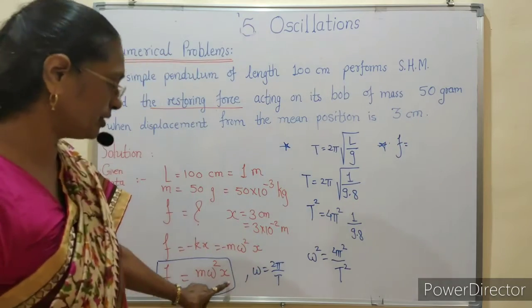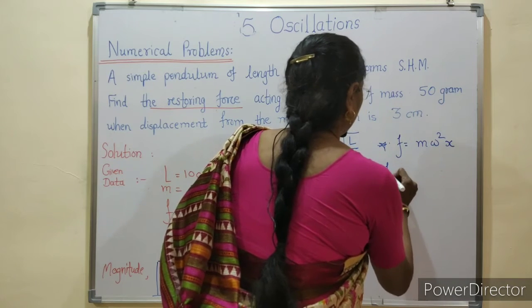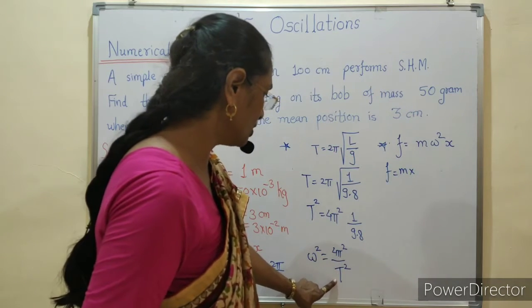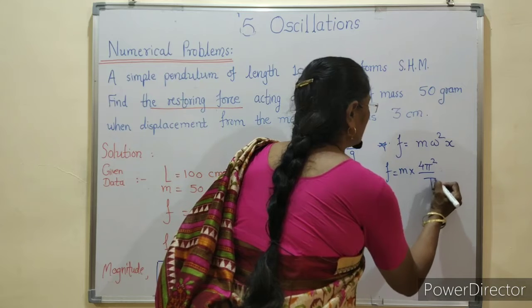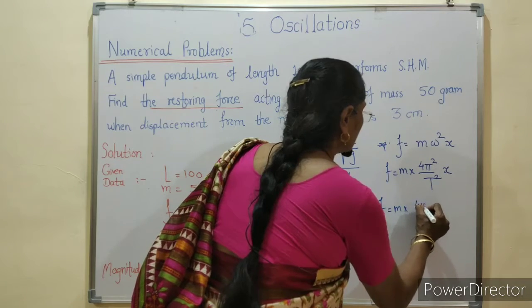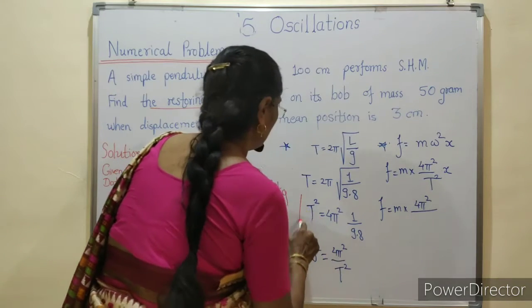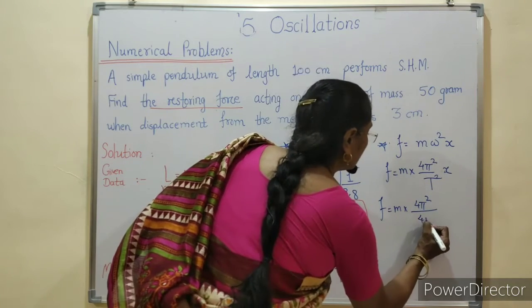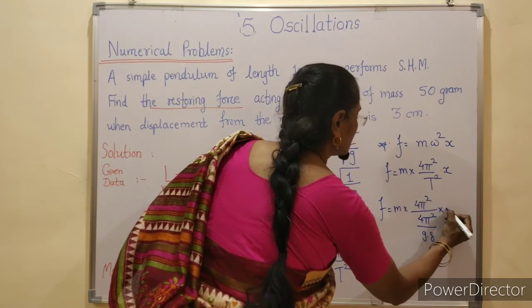F is equal to M into omega square into X. So F is equal to M into omega square, which is 4 pi square upon T square, into X. F is equal to M into 4 pi square, and for T square we have this expression, we can substitute it, 4 pi square upon 9.8 multiplied by X.